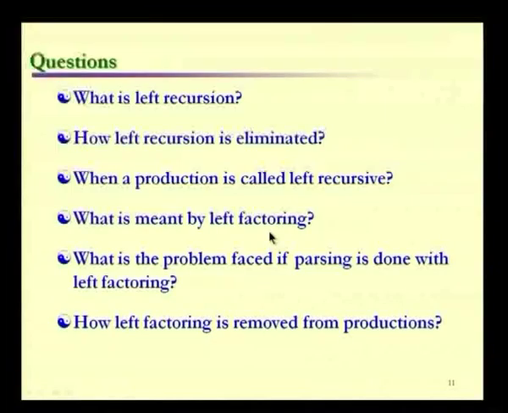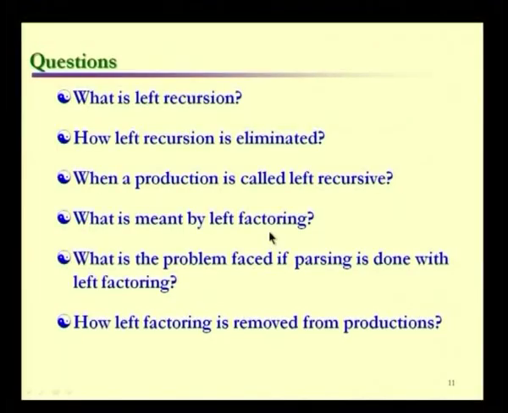As far as the questions are concerned, we may be given grammars having left recursion, and asked to remove the left recursion. For that we should know how to identify whether there is an immediate left recursion or an indirect left recursion. If indirect left recursions are there, then we must substitute first, making it immediate left recursion, and then rewrite it.